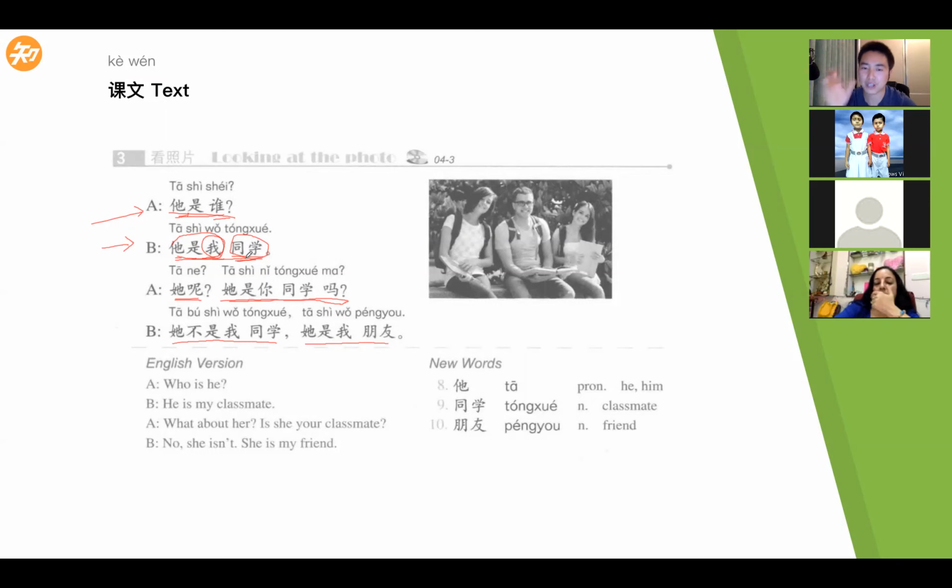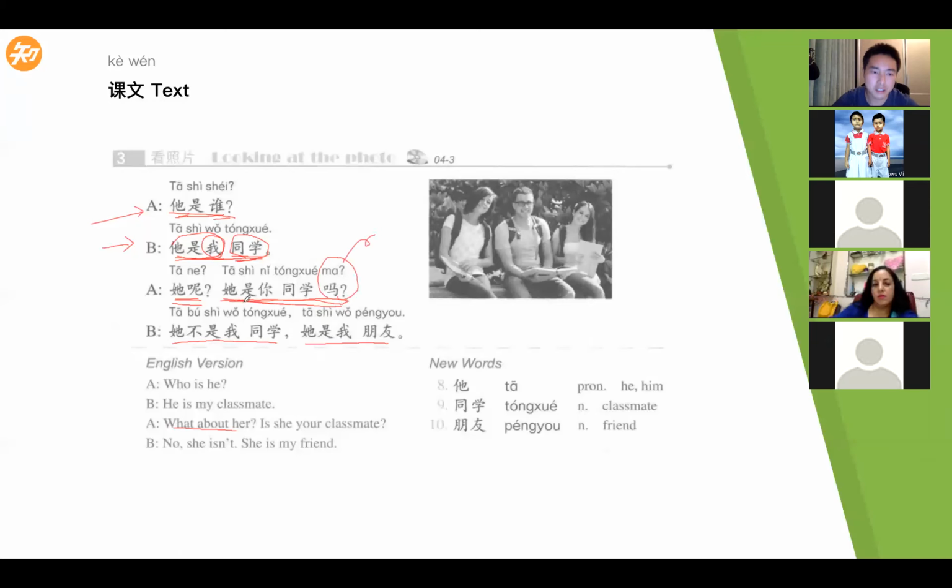We are going to learn the grammars, and the meeting is going to end soon, so I have to explain the latest. So 她呢 means what about her? 她是你同学吗？吗 is used to raise a question.